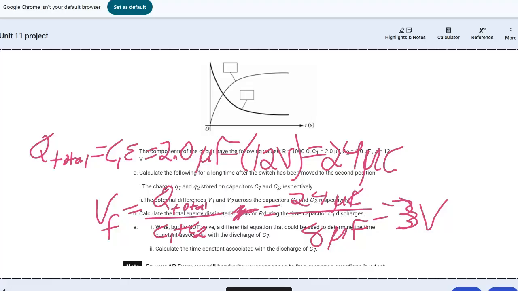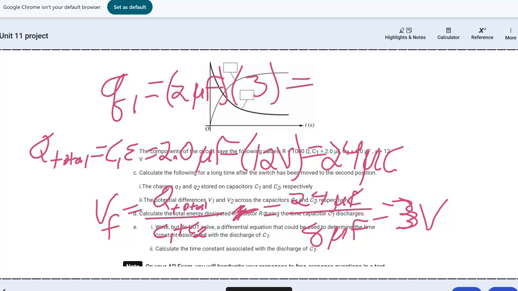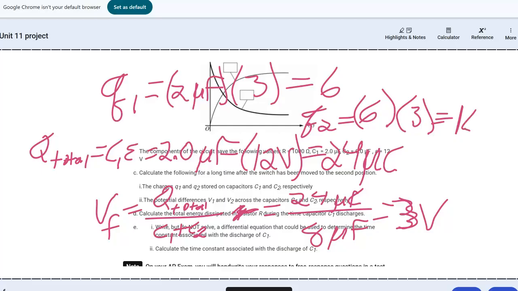Okay, well, so for the charges Q1 and Q2, we found our V, so Q1 is just C1, 2 times 3, and then Q2 is just going to be C2 times 3, it's 18, and we know that it's going to be 3 for both because after steady state, they are going to share the same voltage.